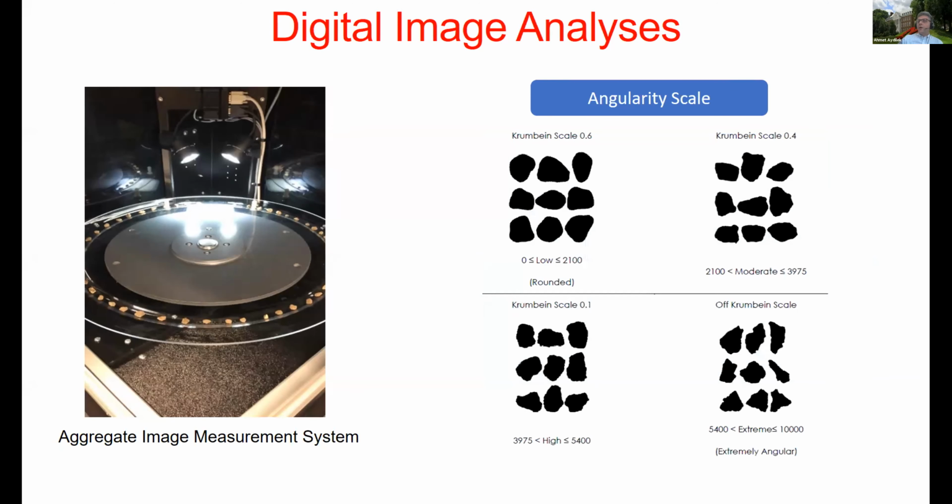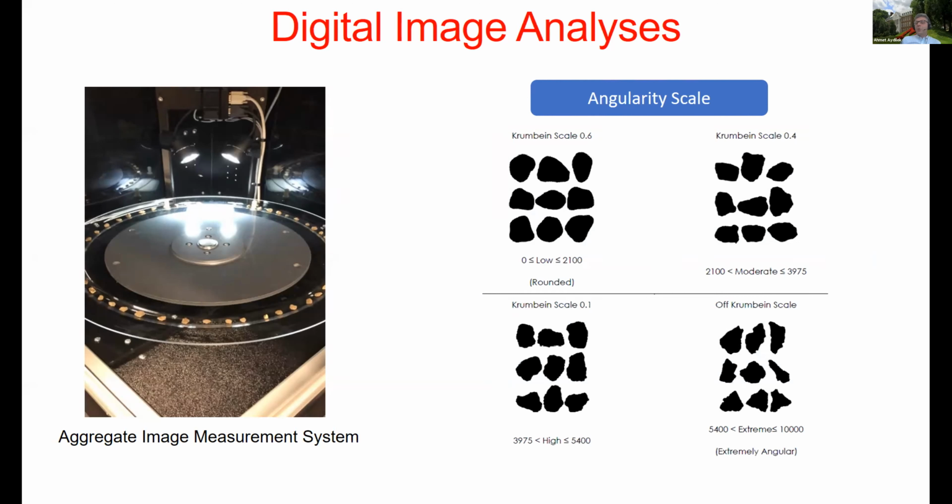There are scales commonly used by others in the past, and you have seen these in very old publications even. Before the development of image-based systems, we used to use them, but they are still very useful, and they are a good check against image-based systems, and we did that.